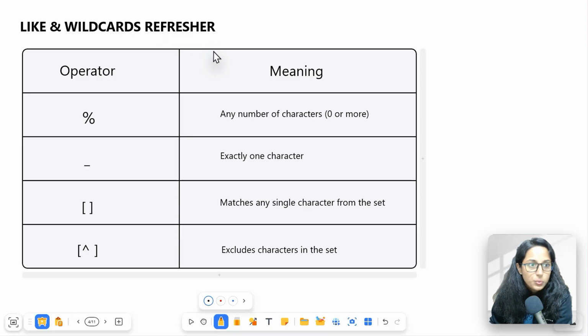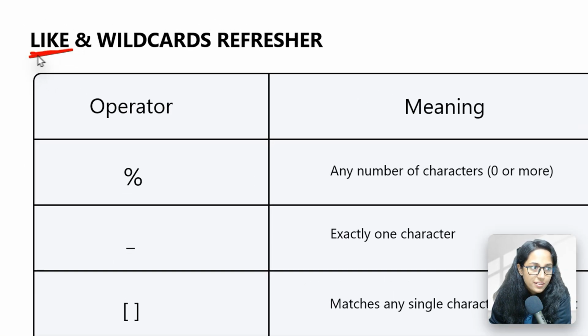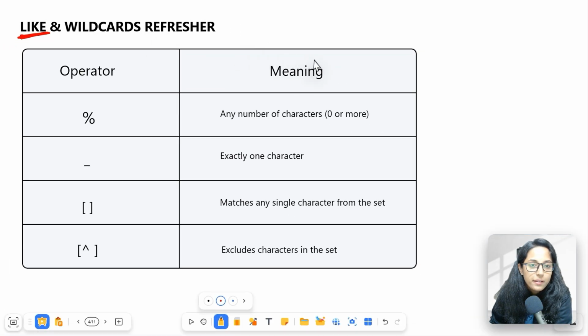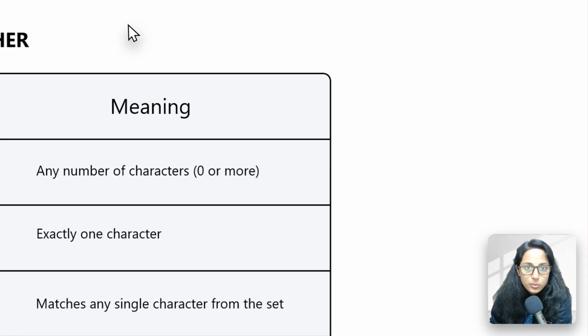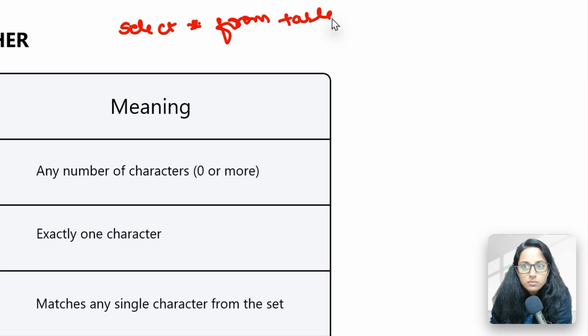Now let's see the LIKE keyword and wildcard refreshers in SQL. You might have heard about the keyword LIKE. Whenever we want to compare any string, we use the LIKE keyword to do that. So for example, I want to write a query: select star from a table where, for example, it has name.